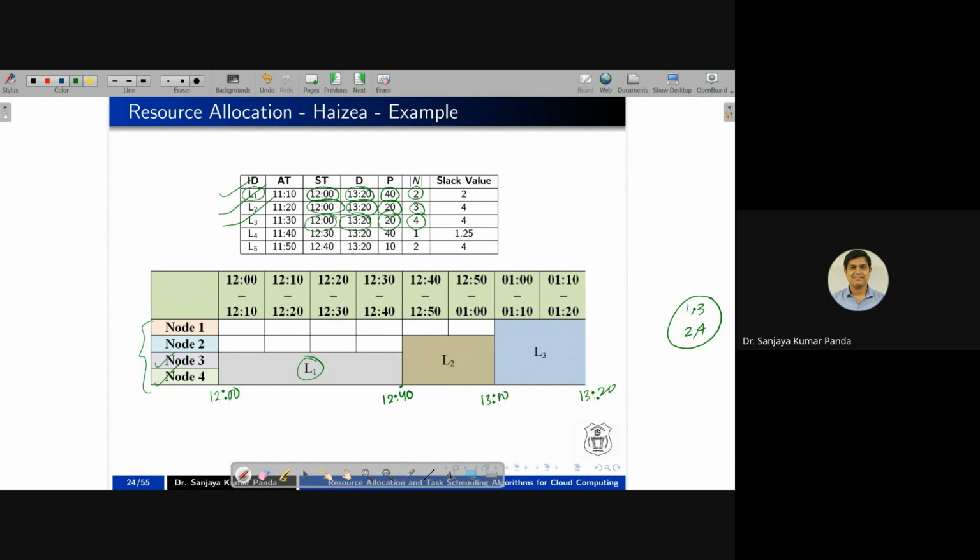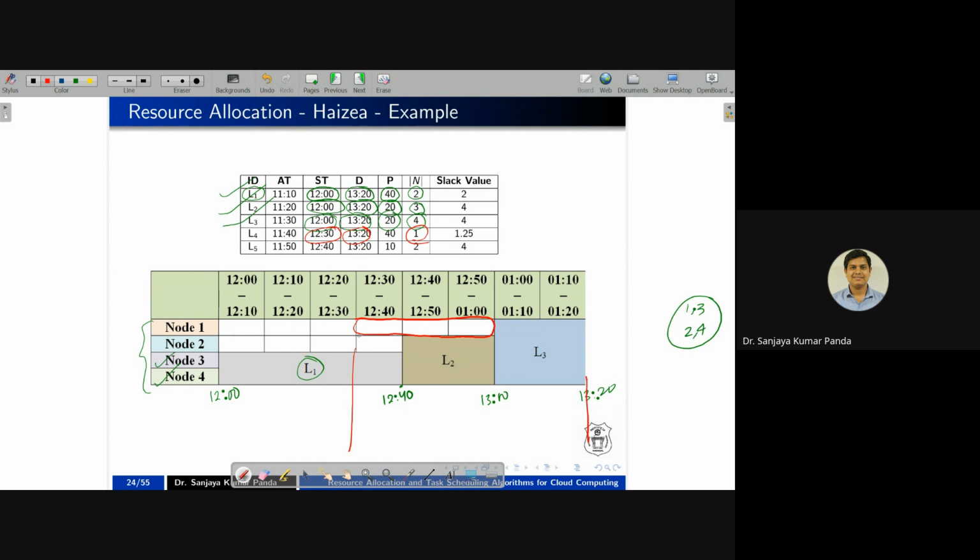But what about L4? L4 is asking 12:30 to 13:20. In these slots, it wants a 40-minute period for one node. One node slot is available here, so I can provide this slot, right?